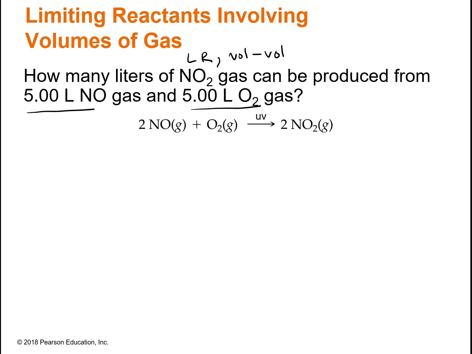So just like before, we had to do 2 problems. We're going to do the same thing here. The first one is with the nitrogen monoxide. The second one we'll do with the oxygen gas.